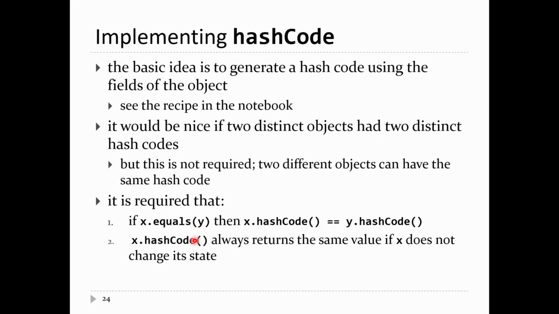So when you look at this, you can conclude that the fields that you use in hashCode must be the same as the fields that you use in equals, or you have to use fewer fields in hashCode than you do in equals. You can't use more fields in hashCode than you do in equals.